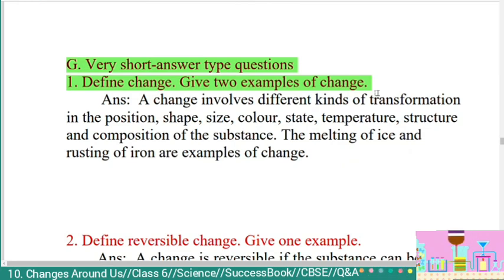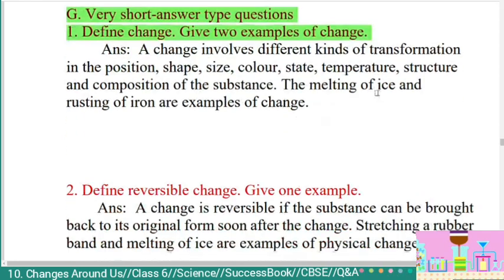The melting of ice and rusting of iron are examples of a change.